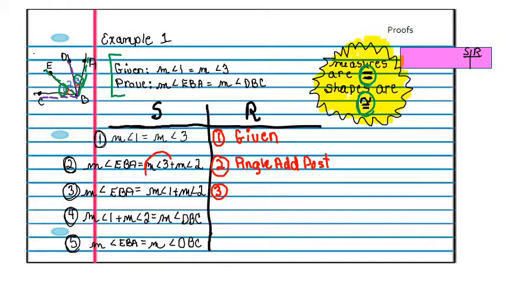What you'll see here is what changed: we took angle 3 out and put angle 1 in. Well, from the very first step, we were given that the two are equal. Anytime you substitute anything equally, we just call it substitution.